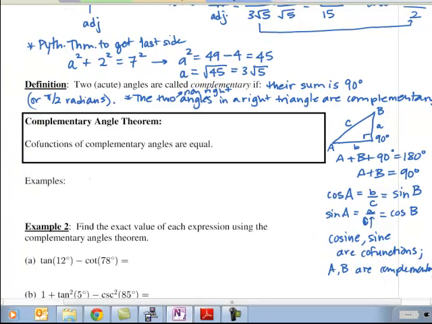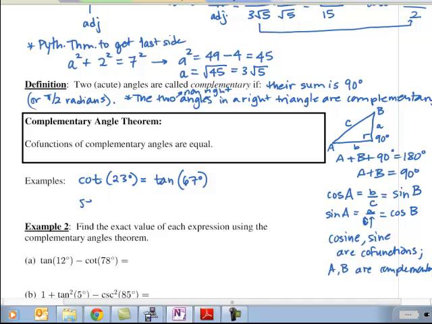So for example, cotangent of 23 degrees should be the same as the tangent of 90 minus 23. So what would that be, 67? So if we take any two angles that add up to 90 and apply the pair of cofunctions to them, they should be the same thing.